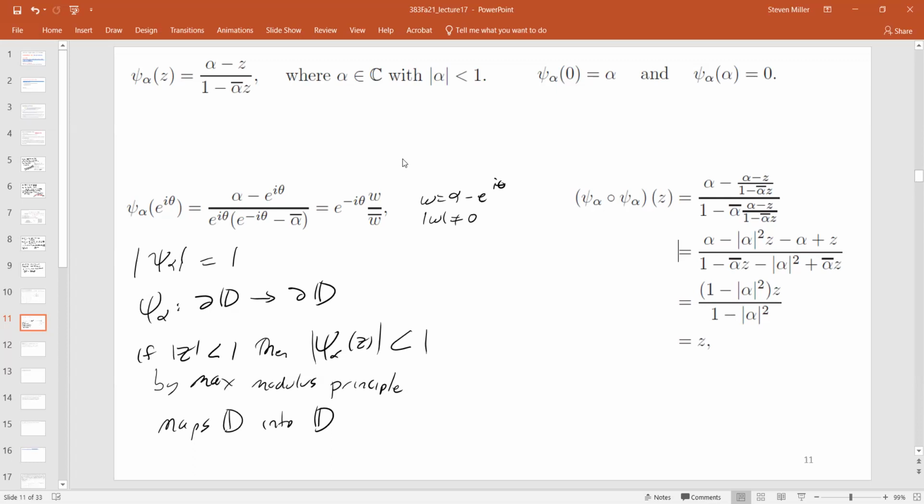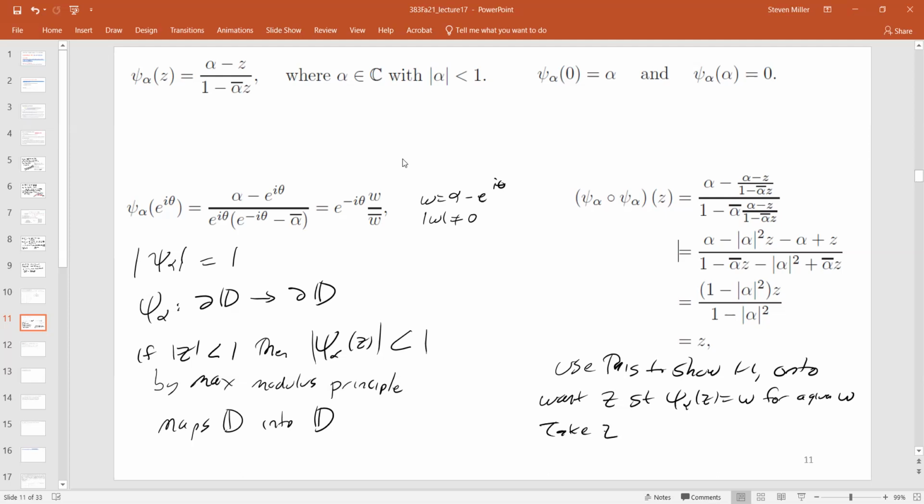So now use this to show 1-to-1 and onto. For example, if we wanted to show it was onto, we want z such that, say, C alpha of z equals w for a given w. What would you take for z? Say it again.